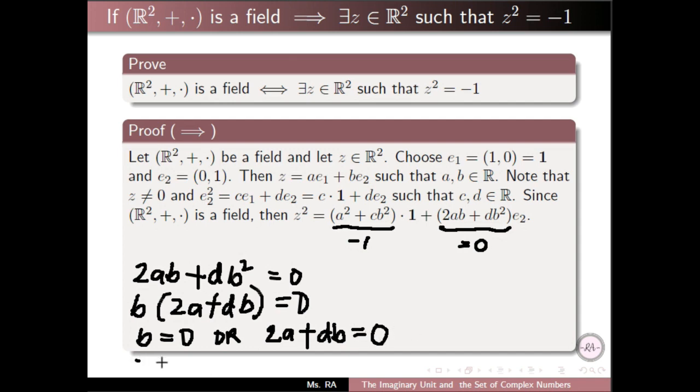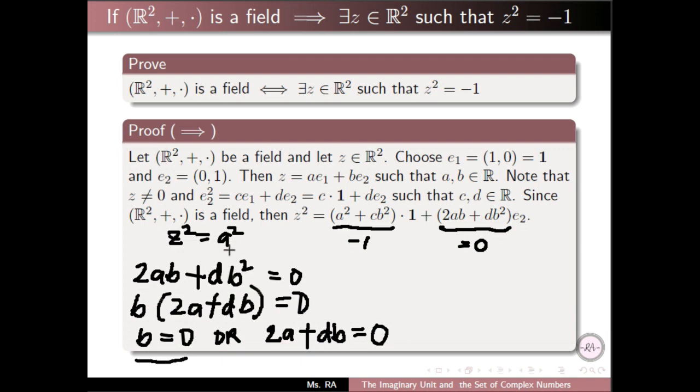Observe that if we take b to be equal to 0 and substitute this into z squared, this would give us 0, so we're going to have this term equal to 0. So basically, if b is equal to 0, what we have is z squared is equal to a squared. Okay? That is the case if b is equal to 0.